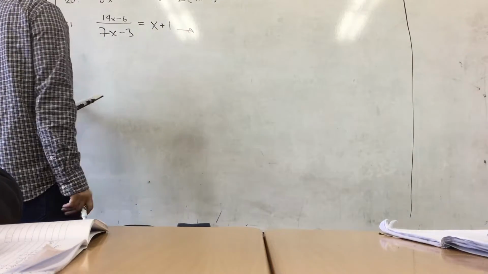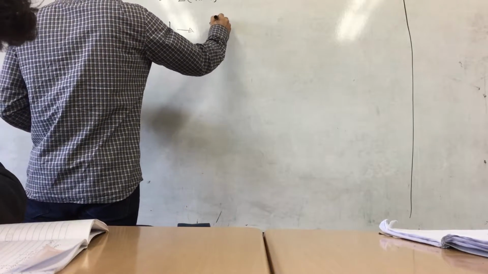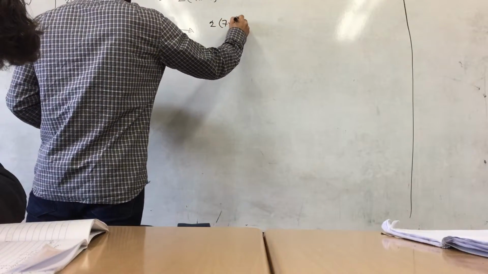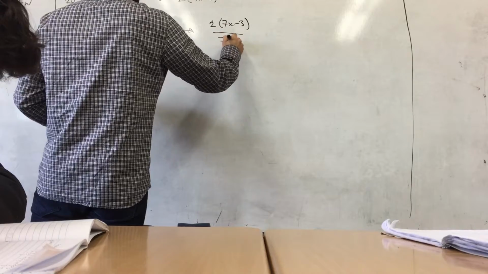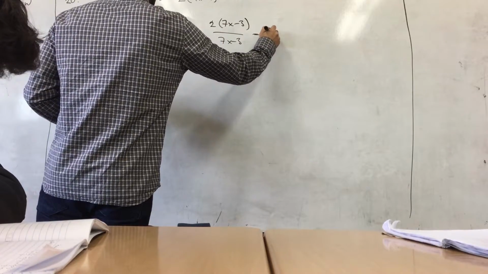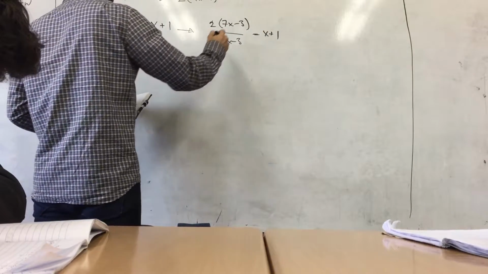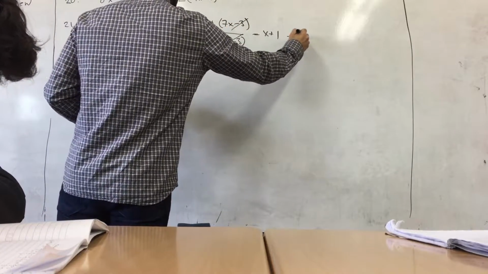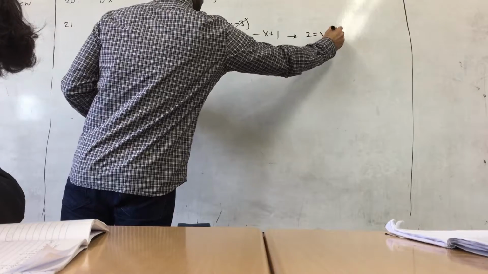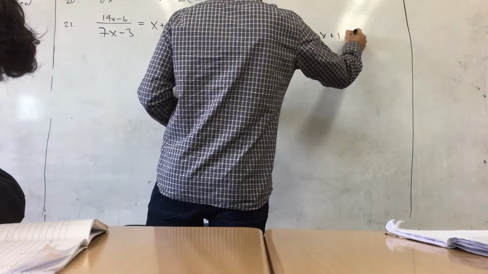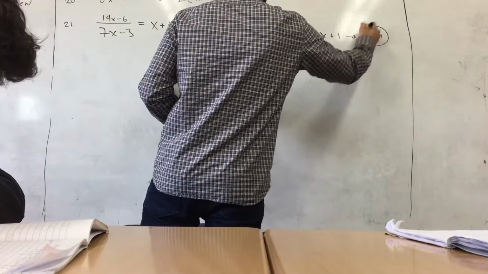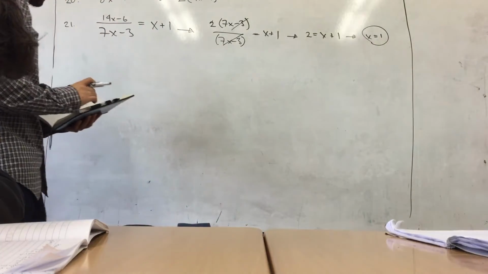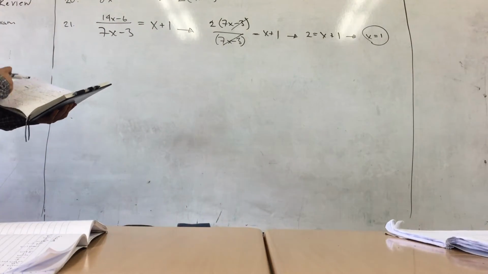Okay, you can factor 2 out of that, and that's going to give you 7x minus 3. And this is that, so you can cancel that. And we had this problem earlier. 2 equals x plus 1. Alright, x equals 1. Easy peasy lemon squeezy.